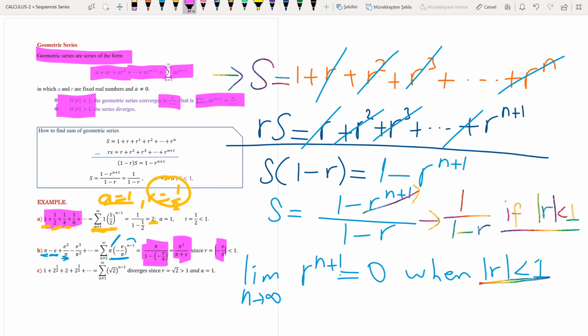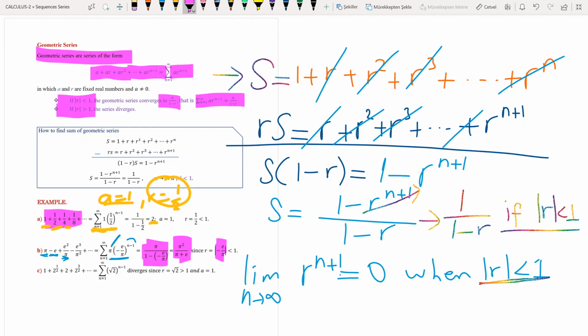Since it is a geometric series, again we can use this formula, and since the absolute value of r is smaller than 1, we get convergence. If you have the other case, if the absolute value of r is greater than 1, then we would say the summation diverges.